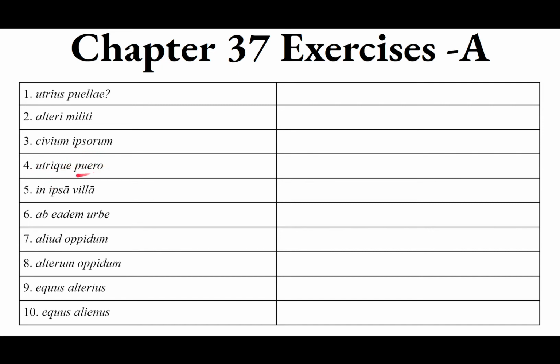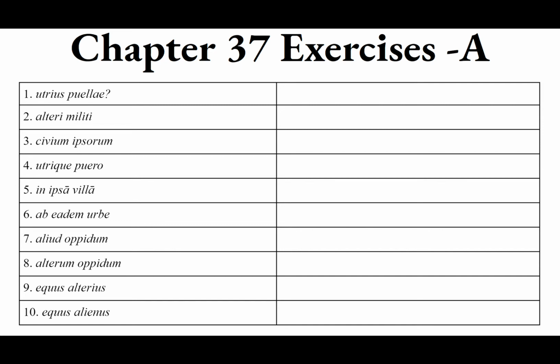Number 4. Utrique puero. Utrique puero. So utrique comes from uterque, utraque, utrumque. When you add que to the end of a word, and be careful, don't confuse it with the conjunction que, which means and, but if you add que as a suffix to the end of a word, it adds the meaning of every to an interrogative word.